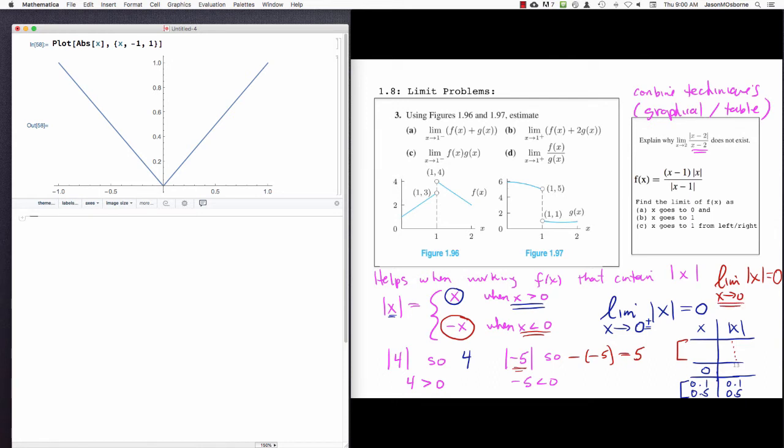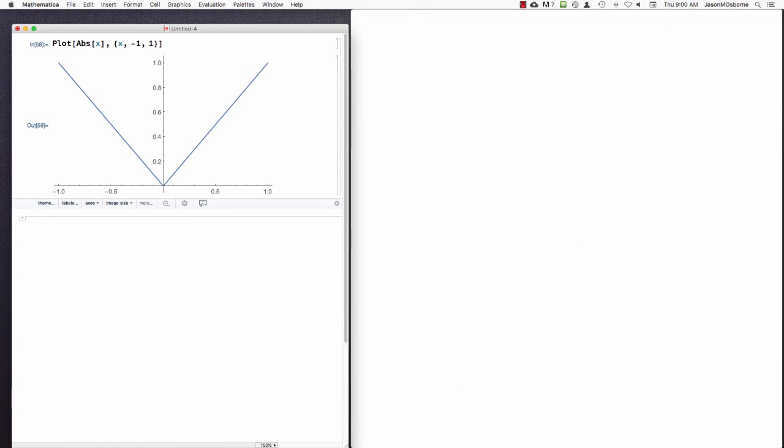How does that jive with maybe a more complicated question involving absolute value? What's the limit as x goes to 0 from the right of the absolute value of x divided by x?